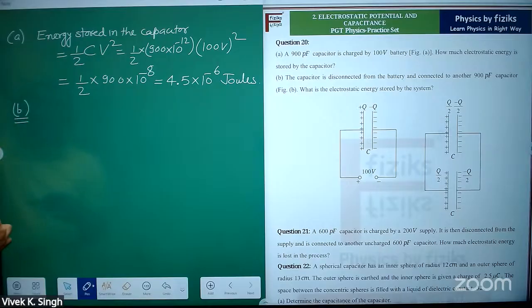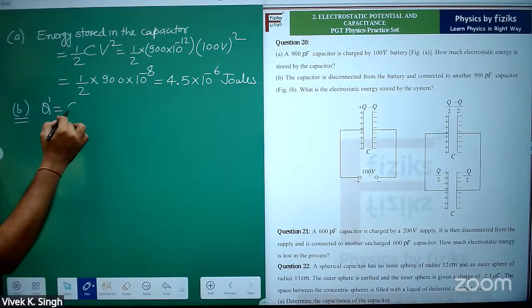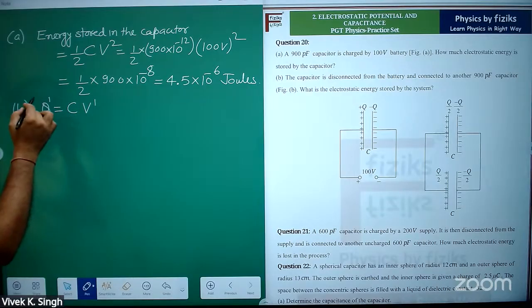So in the new arrangement, what will be the total charge? The charge on each will be given by Q dash equals CV dash.